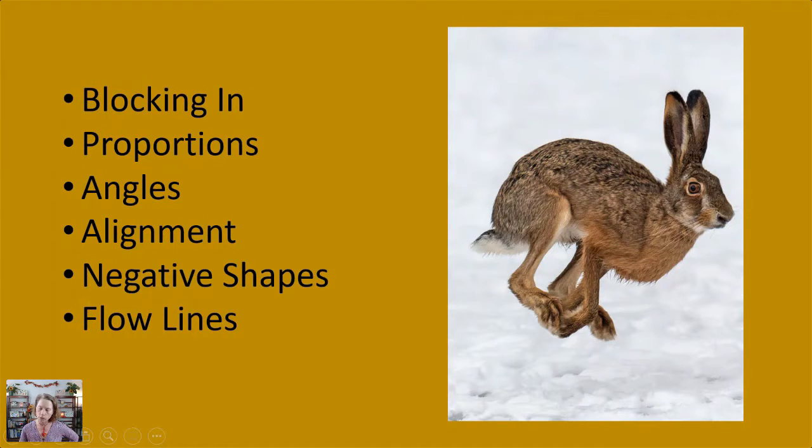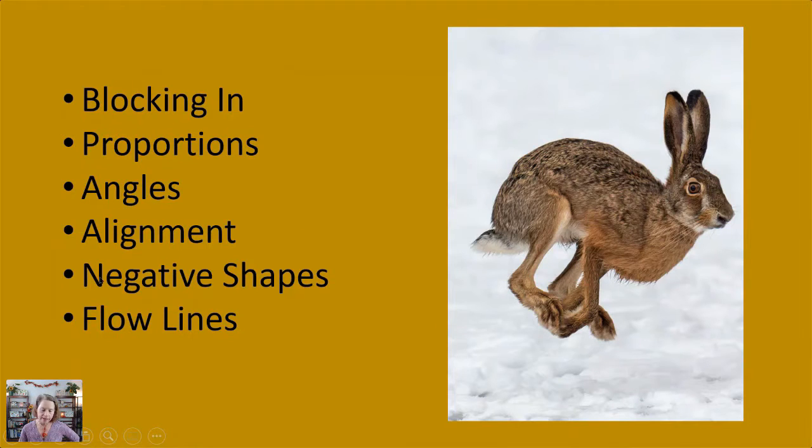So thinking of the big ovals of the ears, the oval triangle of the face, the big oval of the body, the cute little short tail, and then noticing the proportions of each oval, like noticing that the oval of the head is maybe about 1/4 of the oval of the body, and noticing angles. That's like the angle right here between their neck and their back. That's a very sharp angle.